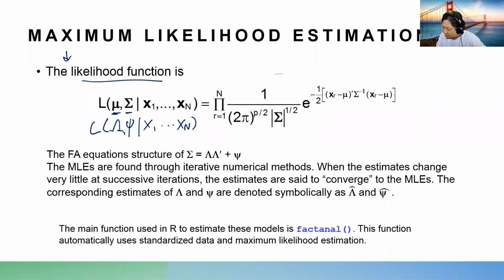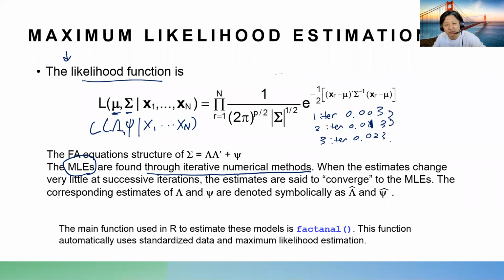Okay. But maximum likelihood estimates are found through iterative numerical methods. So in the first iteration, we found a maximum likelihood value like 0.003, and in the second iteration, the maximum likelihood value is 0.013, and the third iteration 0.023, and we repeat this process.